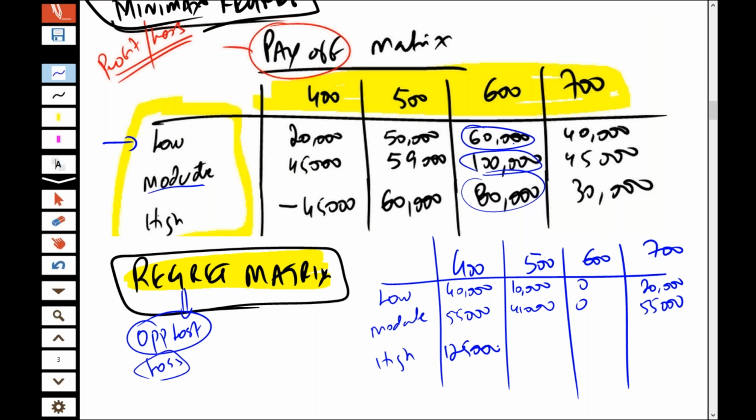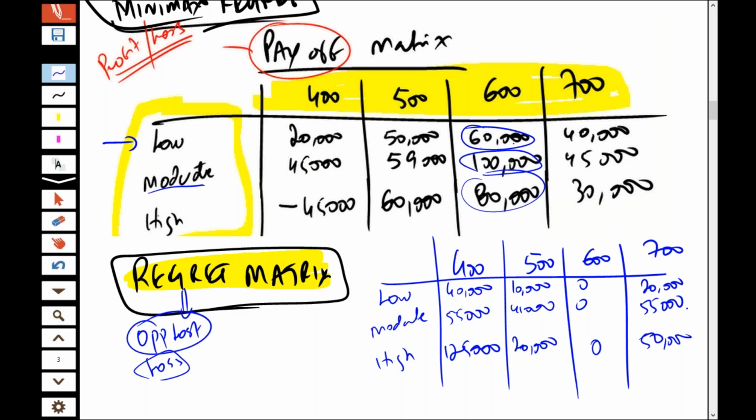So this is going to become 125,000. Now, is everyone okay with this? 80,000 minus 60,000 gives you 20,000, then 0, and then 50,000.